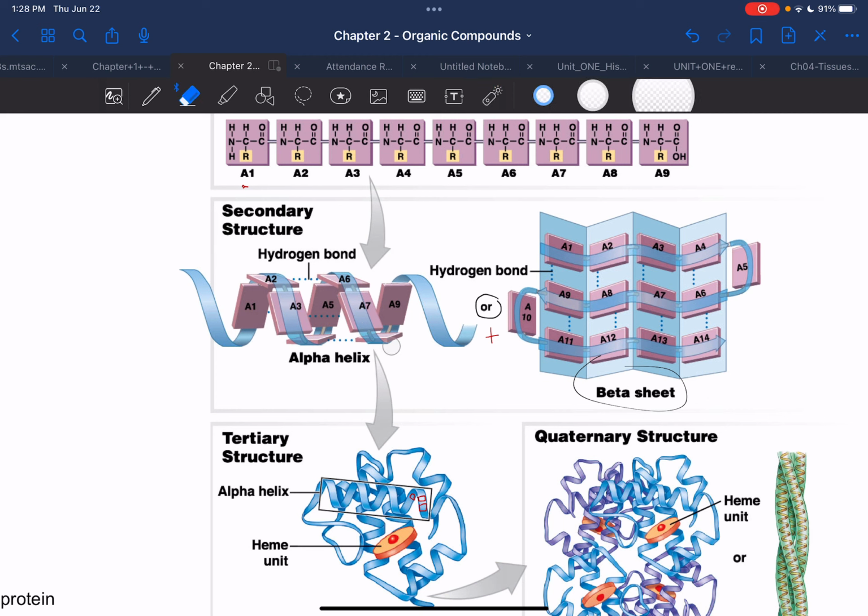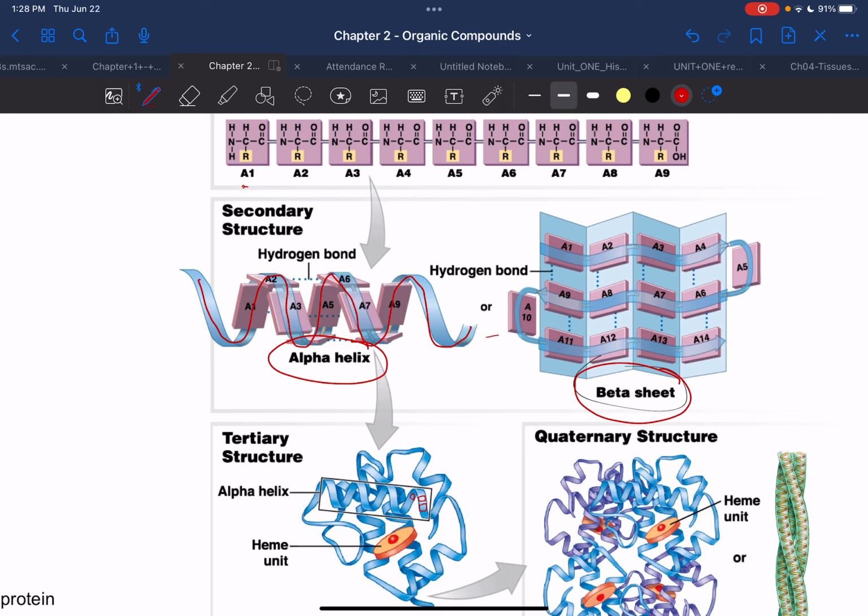Two of those shapes are called alpha helix and the other one beta sheet. And an alpha helix does exactly what the helix structure looked like in a DNA molecule, in that it forms sort of a spiral. And so that's why it's called an alpha helix.